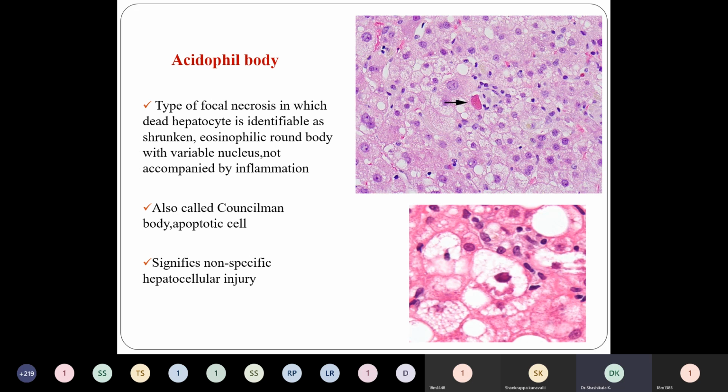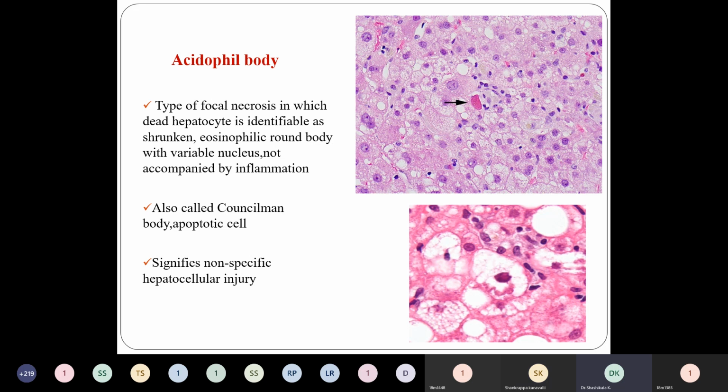Next, you have the acidophilic bodies. This arrow shows the acidophilic body in the hepatocyte, which is a sharply defined eosinophilic round body with a variable nucleus. It's called a Councilman body or apoptotic cell.